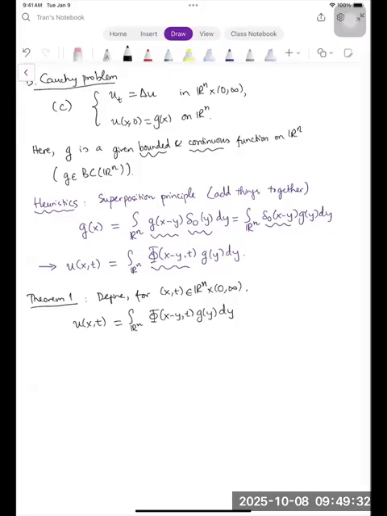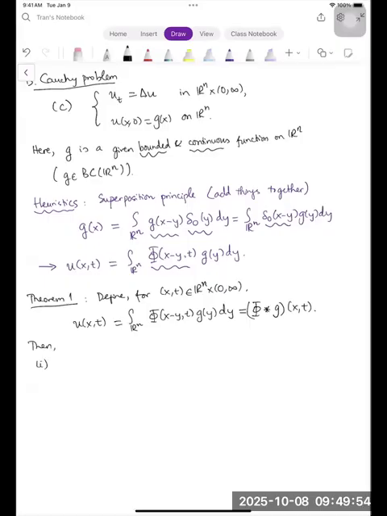Of course, we have talked about convolution. This is nothing but the convolution of phi, the fundamental solution or the Gaussian, with g, computed at (x,t). Then we have the following.